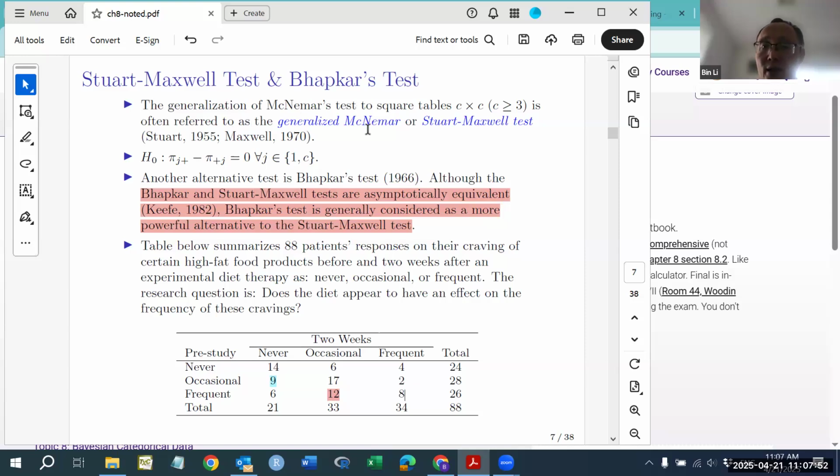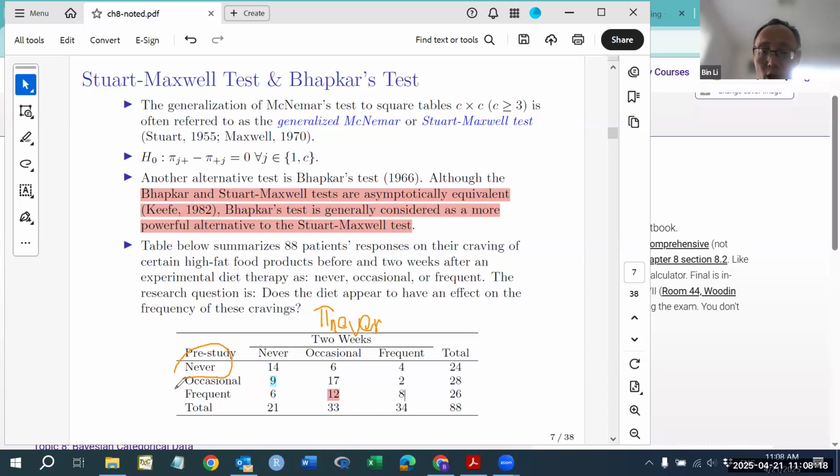Okay, so what is the null hypothesis for the Stewart-Maxwell test? The null hypothesis is that the proportion of answering never in the pre-study is the same as the proportion after 2 weeks.